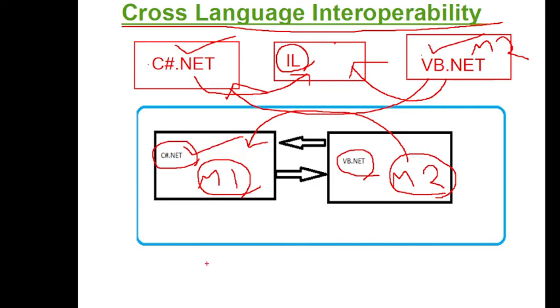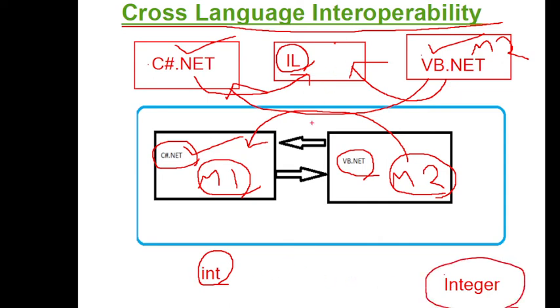Let's take another example. C#.NET has the integer syntax called int, and VB.NET has the integer syntax Integer. Now this is part of C# and this is part of VB.NET, but how will they interact?